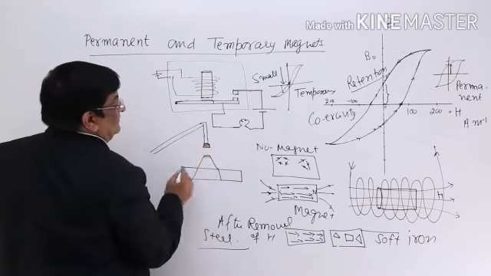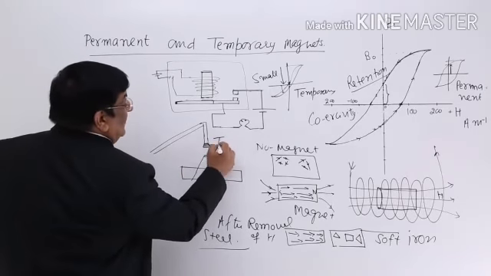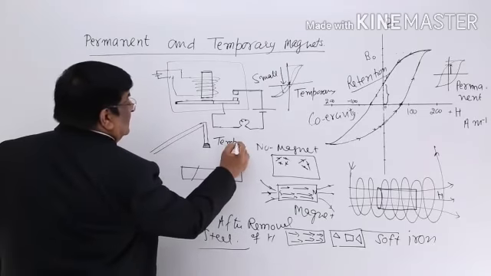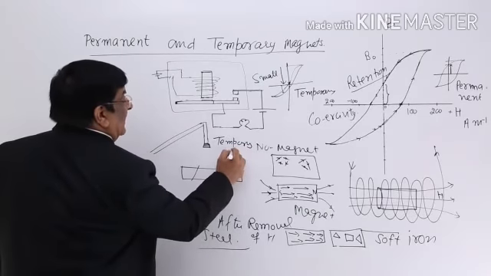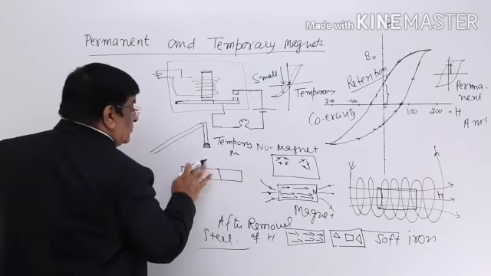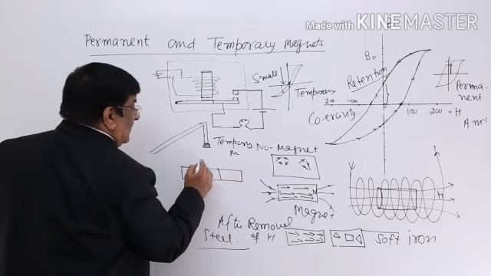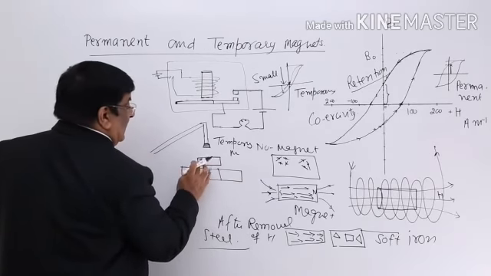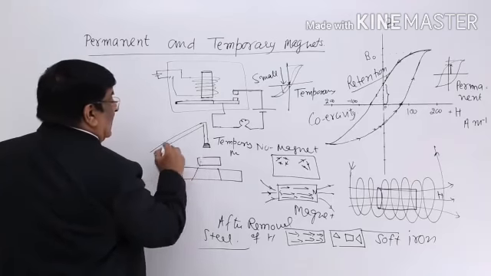This magnet is a temporary magnet. We bring it close to the sheets and start current in it.